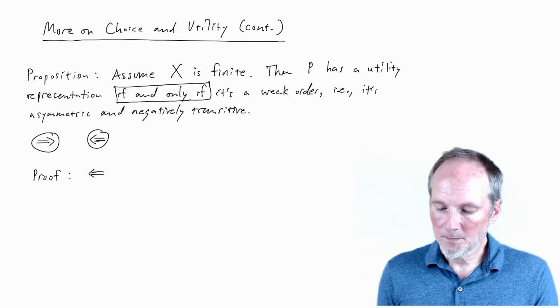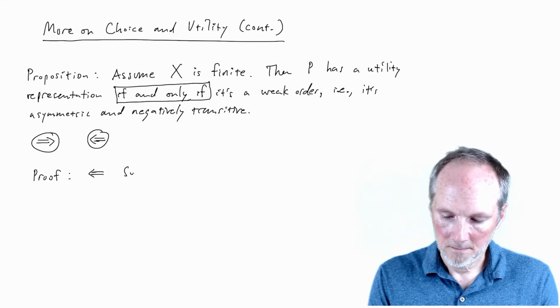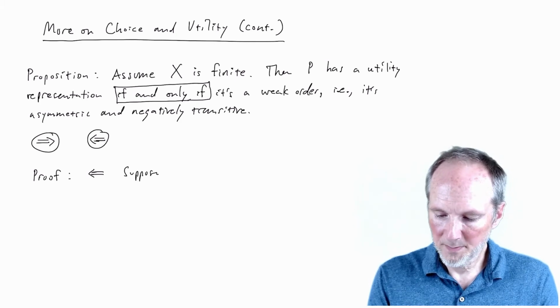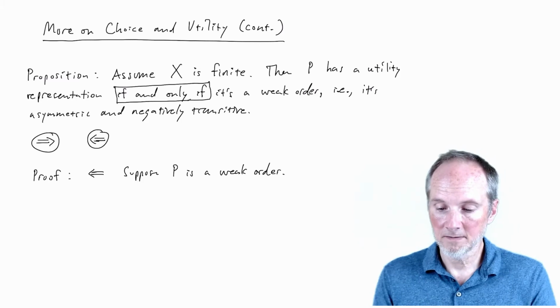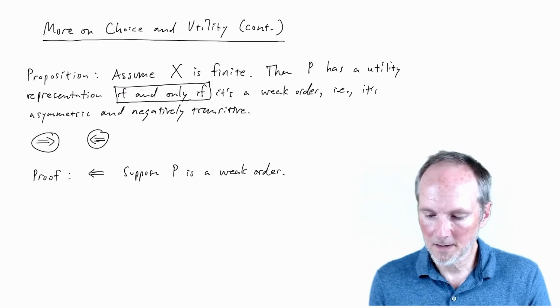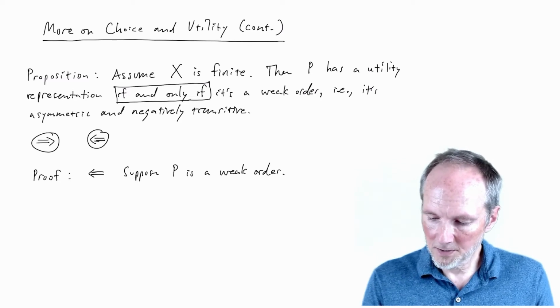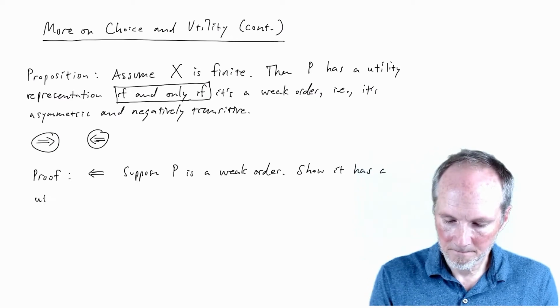All right, so now the antecedent is that P is a weak order, so it's asymmetric and negatively transitive. We're assuming the set of alternatives is finite here. I'm not going to write it down again, but we're assuming that. And then we need to show that it has a utility representation.